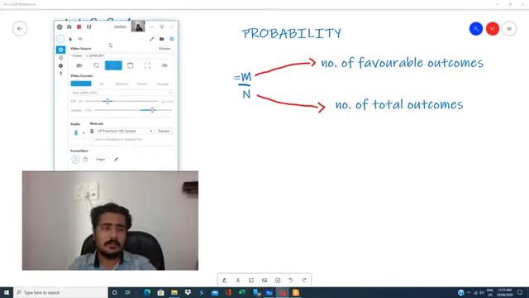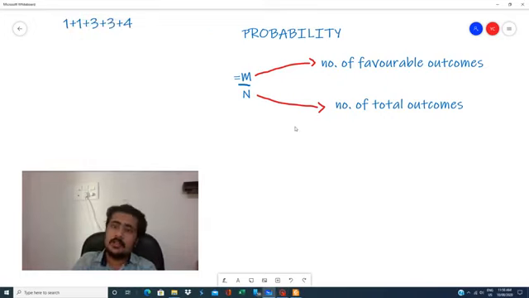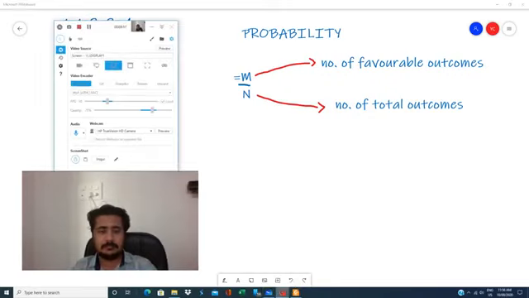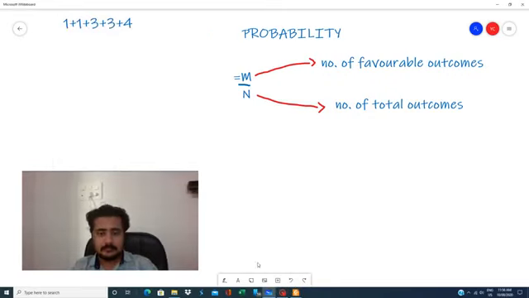Now what are favorable outcomes? Okay, now let me explain with an example.